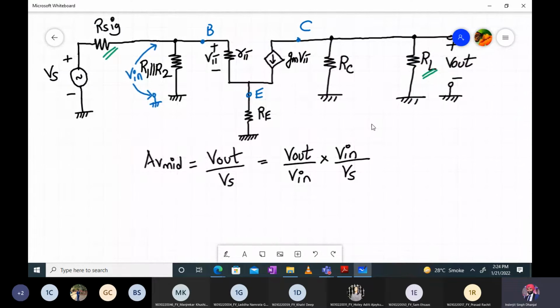So can anyone help me out in writing this? What is V out upon V in for this? What will be V out upon V in for this circuit over here?